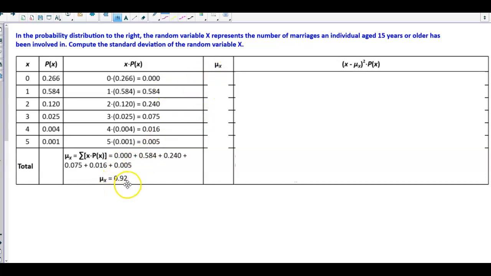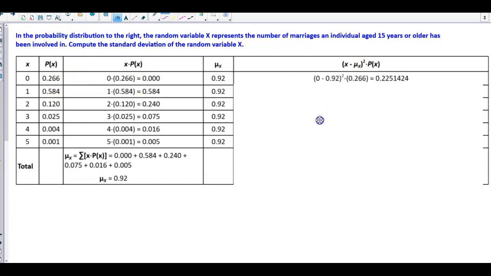So now we're going to use this mean in order to find the standard deviation. In this next column, we're going to put in the mean that we found, which is 0.92. Next, we're going to create a column where we take the data value of x, subtract the mean, square it, and then multiply it by the probability.